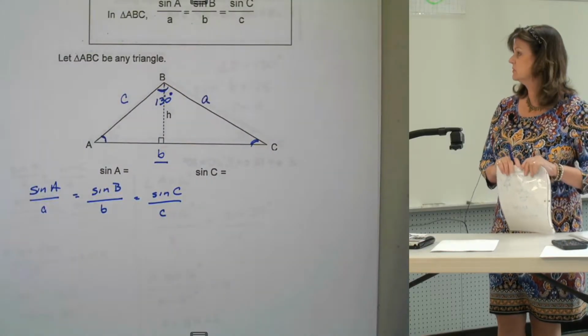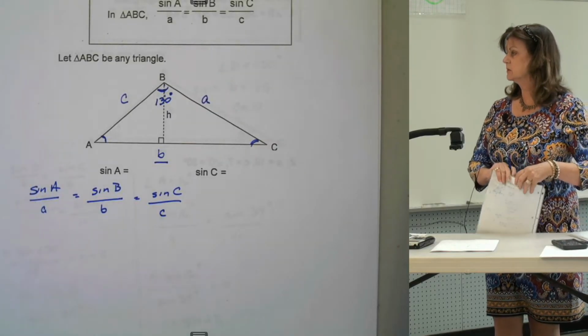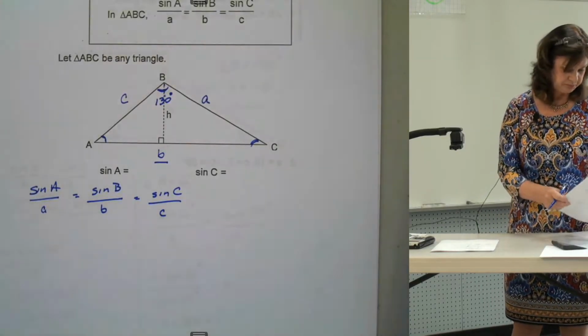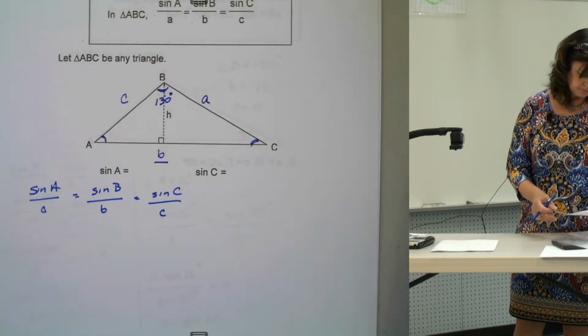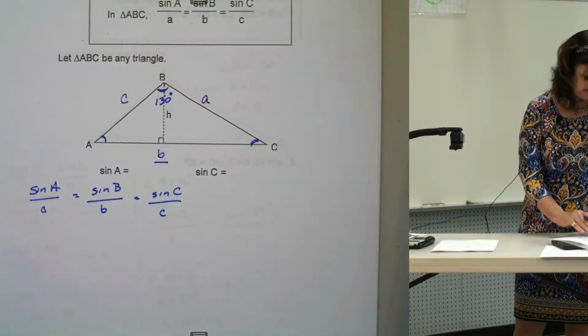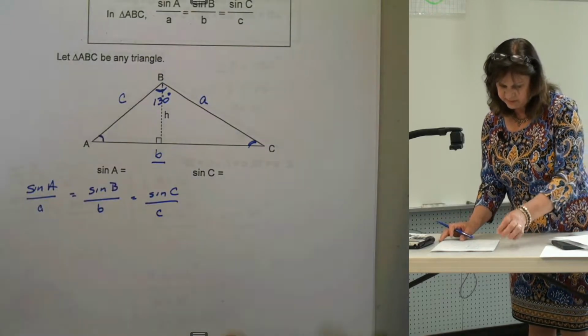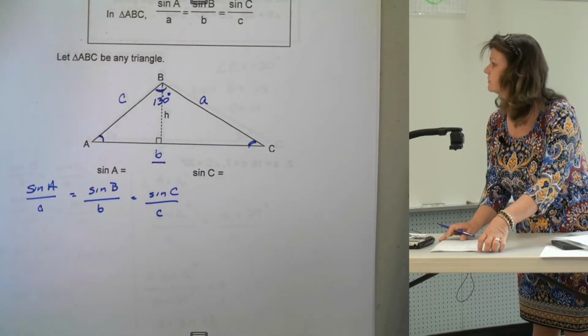Bear with me just one second. I think I've taken you down the wrong path here from the beginning. I think I'd rather start off with a different triangle and make this a little easier.